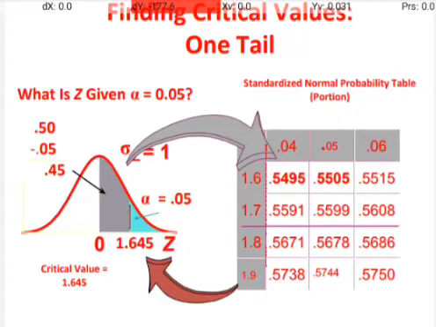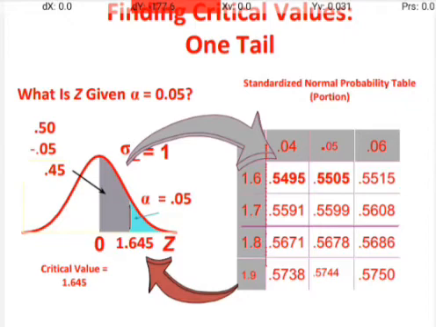For a left-tailed test, the critical value for a confidence level of 95% is minus 1.65. For a two-tailed test, the critical value for a confidence level of 95% is plus or minus 1.96. For a right-tailed test, like the one we have here, the critical value is plus 1.65. So based on that, that's how we got our 1.65.